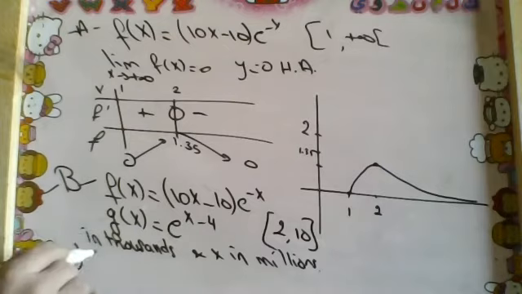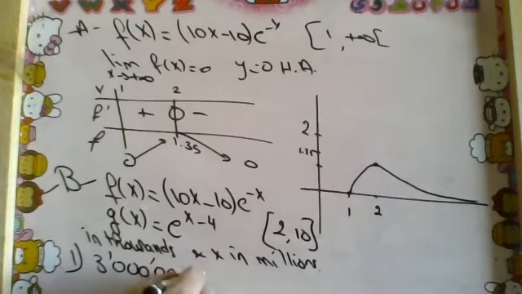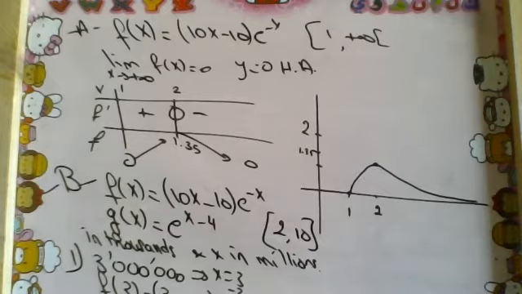So 3 million means that x is equal to 3, right? Replace x by 3, f of 3 is equal to 30 minus 10 e to the power negative 3. What will be the answer? 10 times 0.996.